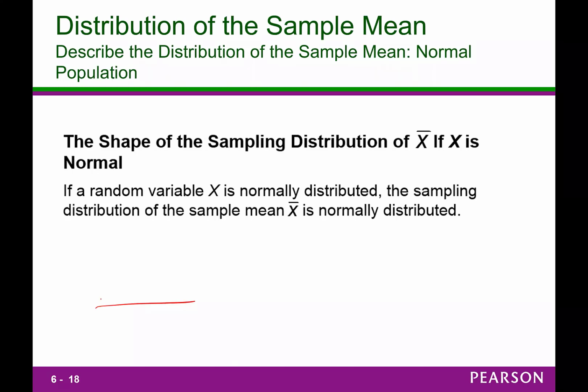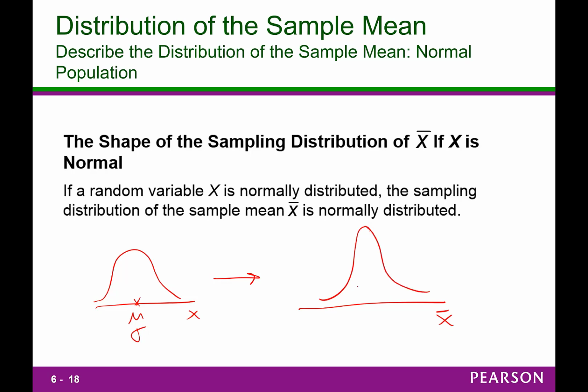If the individual values have a normal distribution with mean mu and standard deviation sigma, then the distribution for all x bar will also be normal, no matter what the size of my sample is. And the mean for all sample means will be the mean of the population, and the standard deviation for all sample means will be the standard deviation of the population divided by the square root of the sample size. That is a very important theorem in statistics.